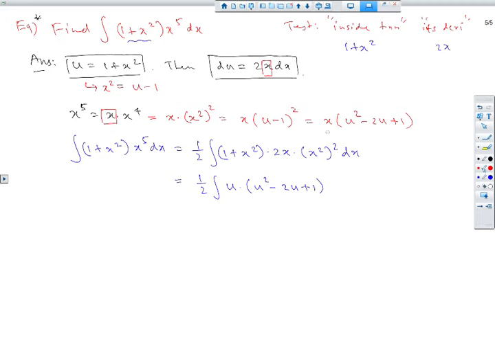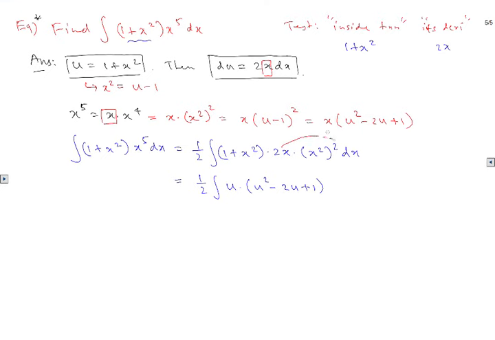The derivative part you write at the end. We leave that until the last moment because we know that this thing is simply du, so we're going to put du here. du is what? 2x dx, right? The 2x dx, that's du. Now you can see that you transform the whole integral into u integrals.